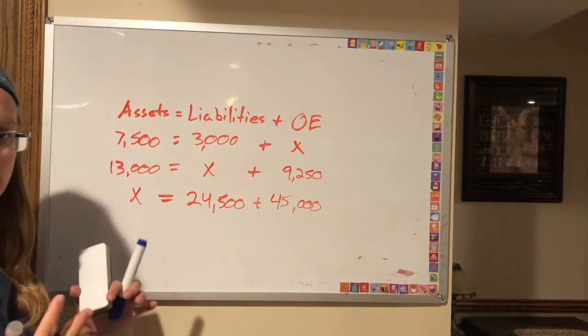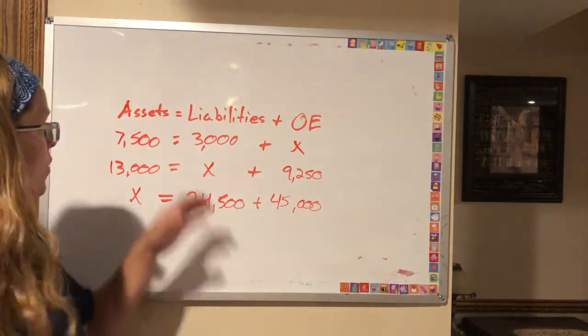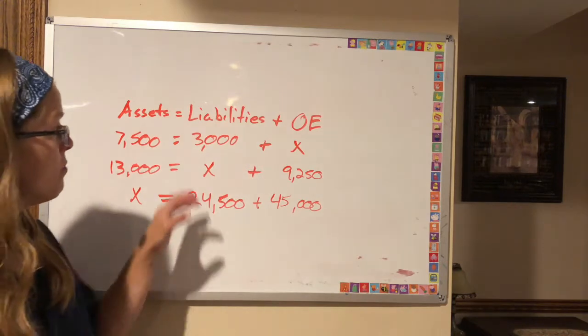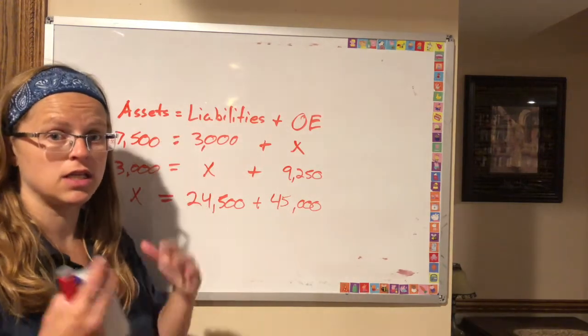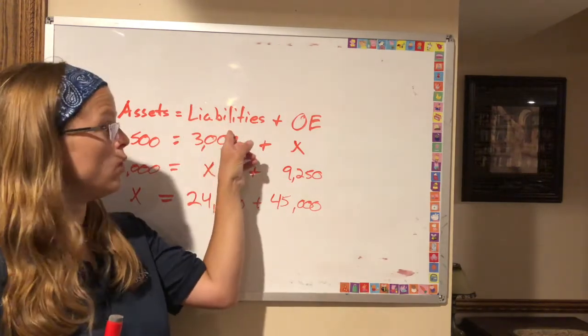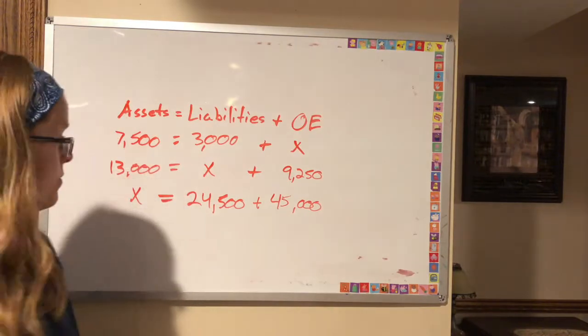So we'll be discussing the basic accounting equation in a little more detail. The basic accounting equation, assets equal liabilities plus owner's equity, means that your assets in the organization have to equal what you owe and what you have invested in the organization, all right?